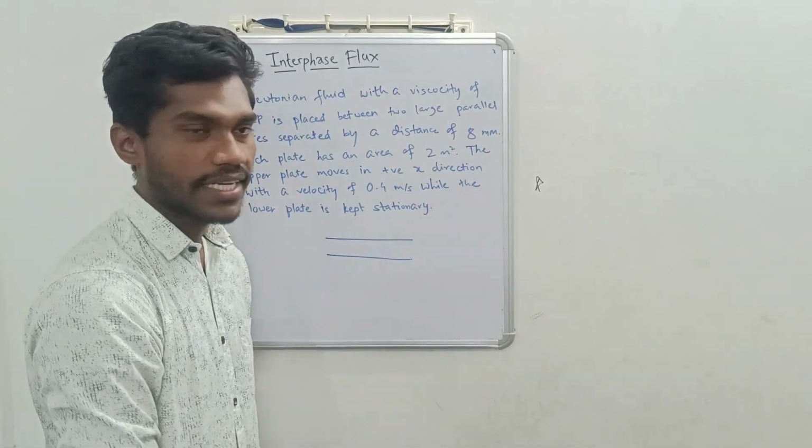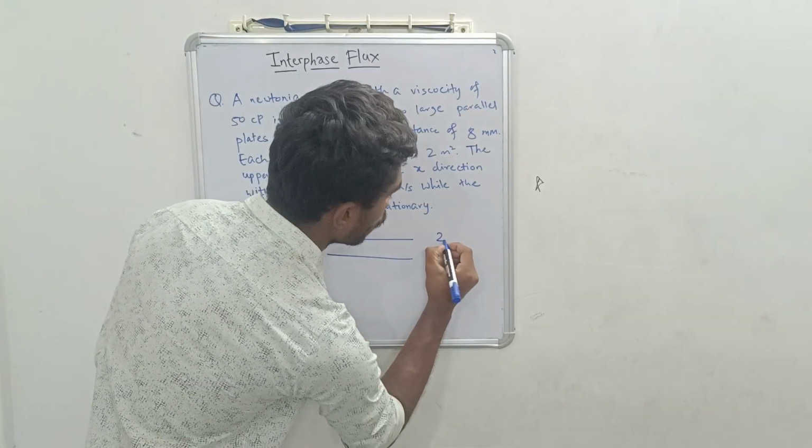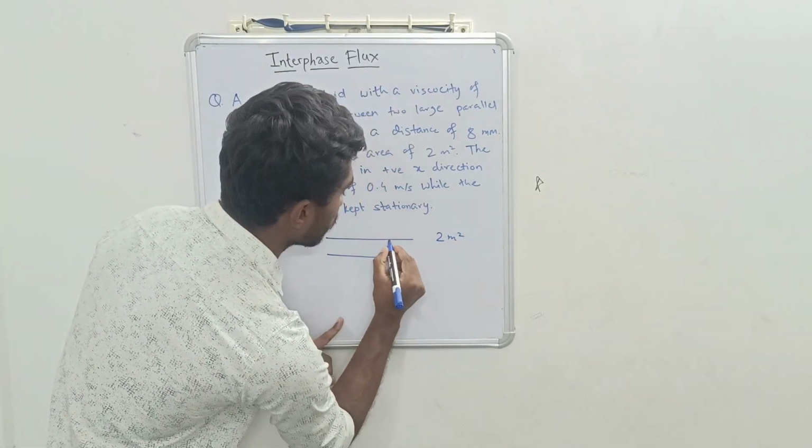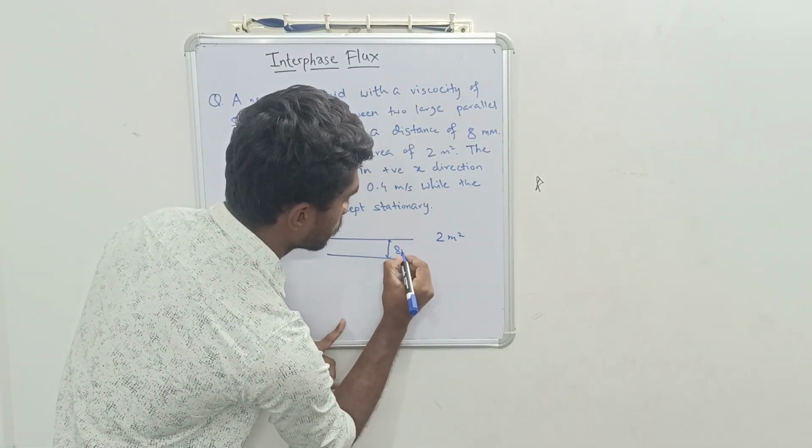Both plates have an area of 2 meters squared and the separation between the two plates is 8 mm.